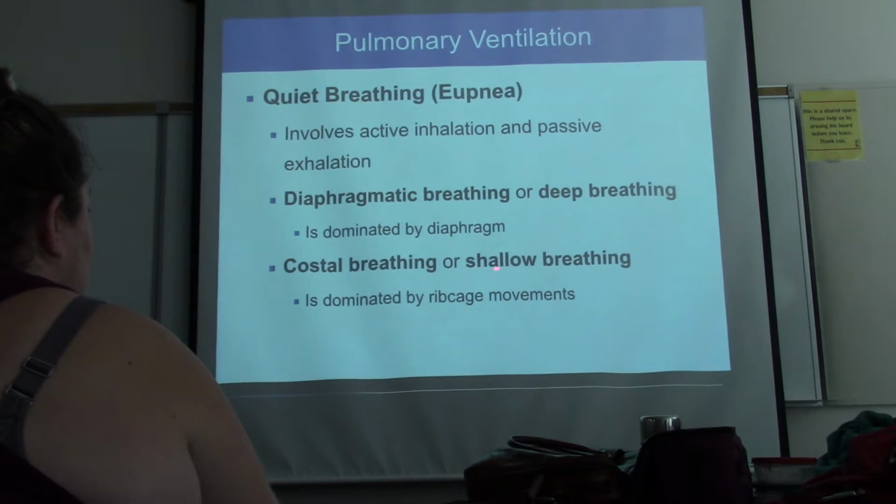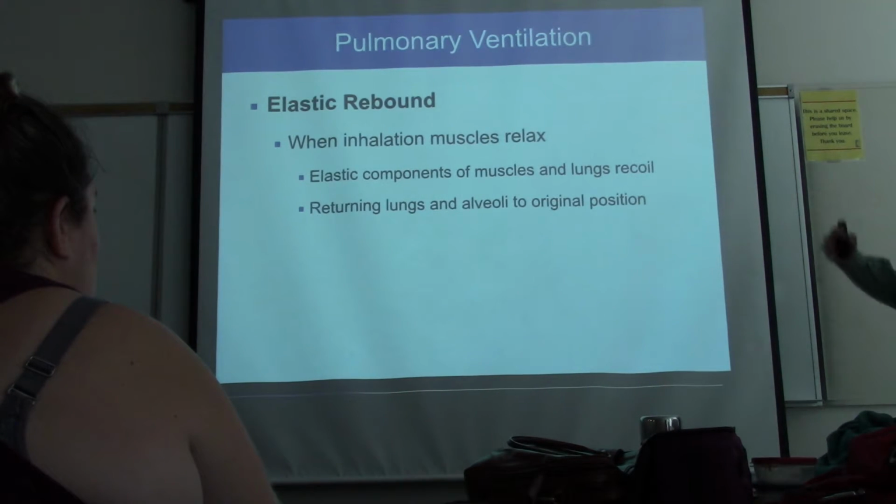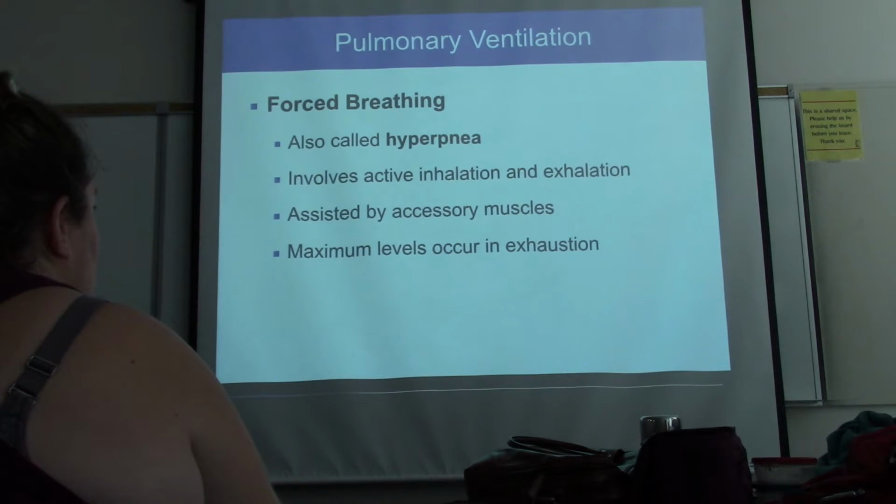Diaphragmatic breathing is dominated by the diaphragm, but it's not ever acting totally by itself. And then costal breathing is really shallow, just using your rib cage a little bit. Most of our exhalation happens by elastic rebound of the chest, which returns the alveoli, the lungs, everything back to its normal position.